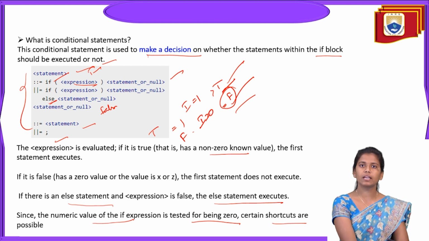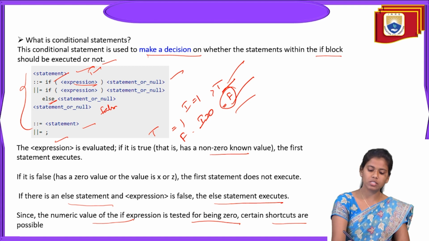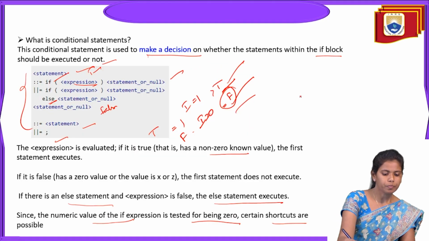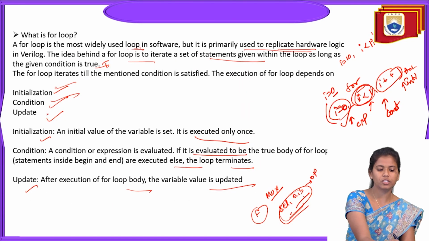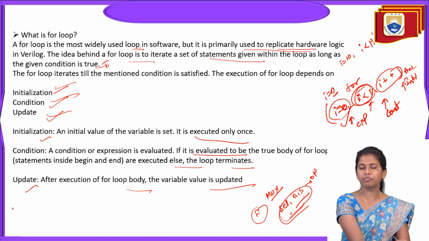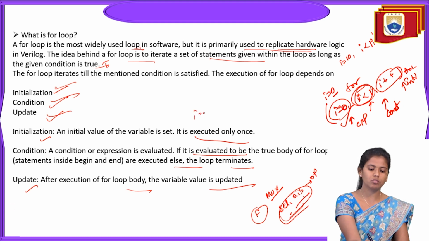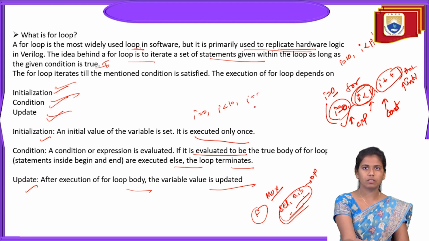Why? Because in the for loop we come across initialization, condition, and updation. The for loop initializes, for example i equals 0, then the condition i less than 10, and the updation i plus plus. This is what we see in the for loop.